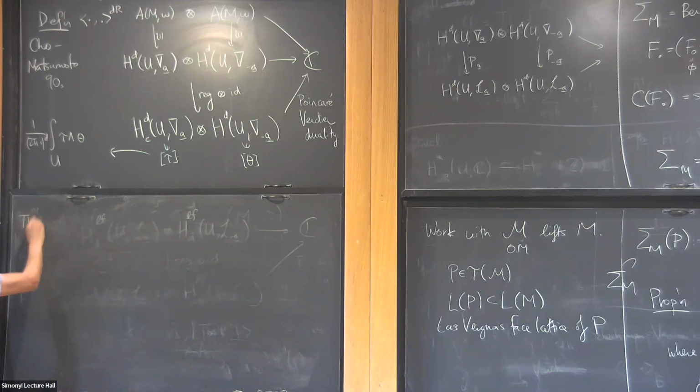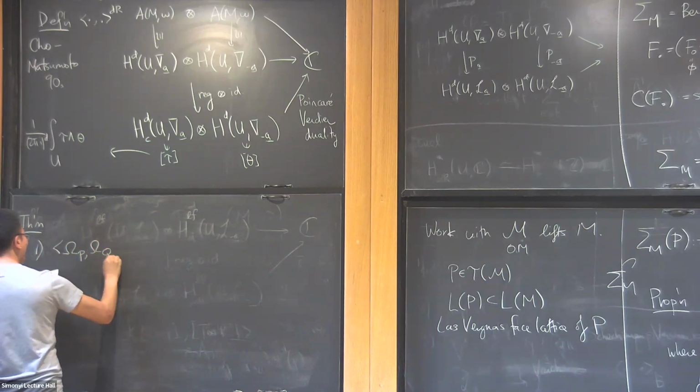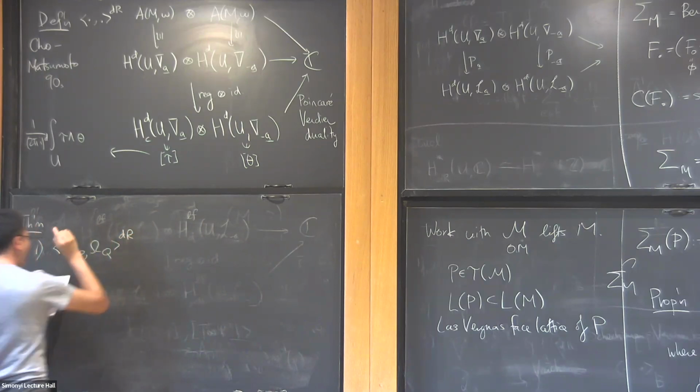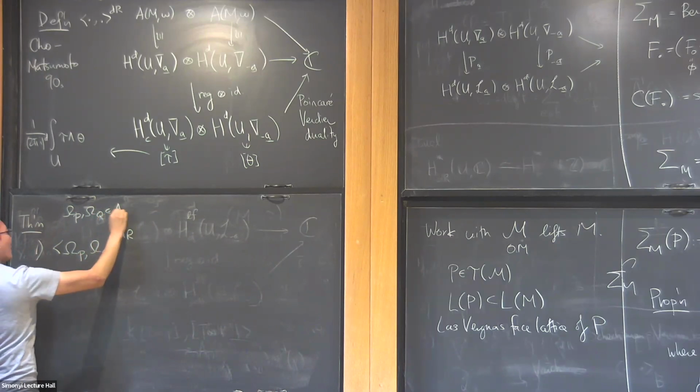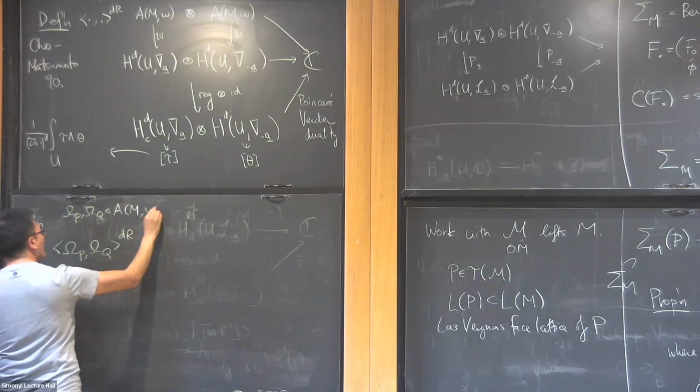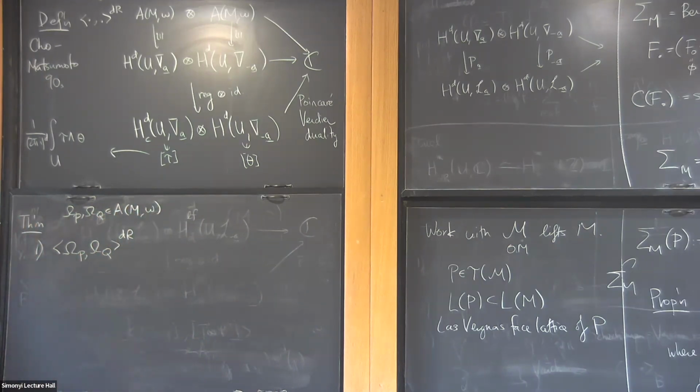The theorem is that the first part is for a particular basis, which I haven't told you about yet. This basis is of elements inside the cohomology of an Orlik-Solomon algebra.